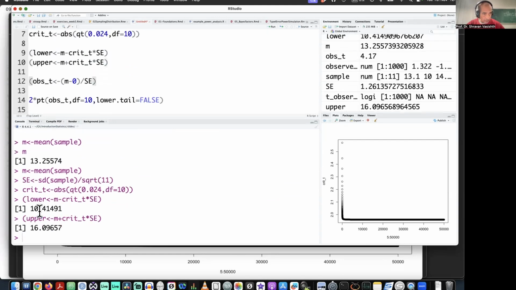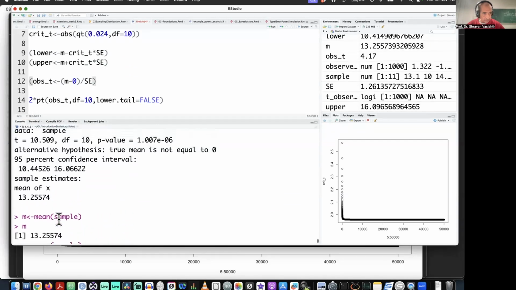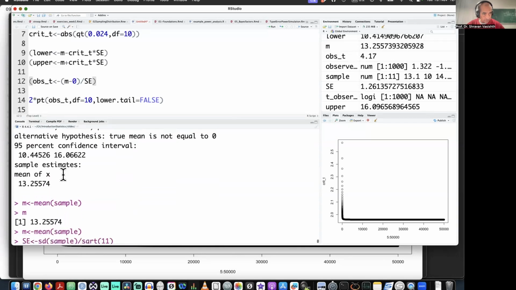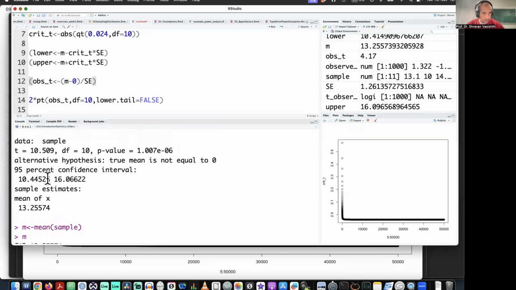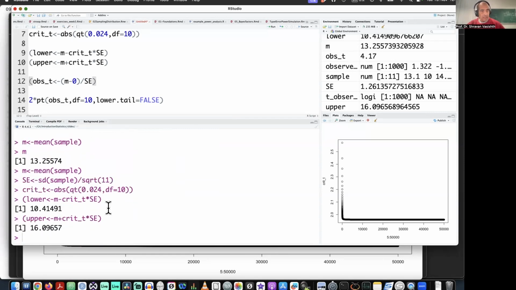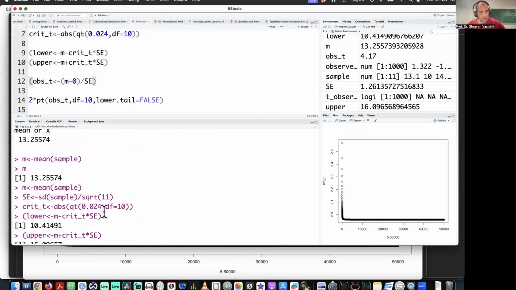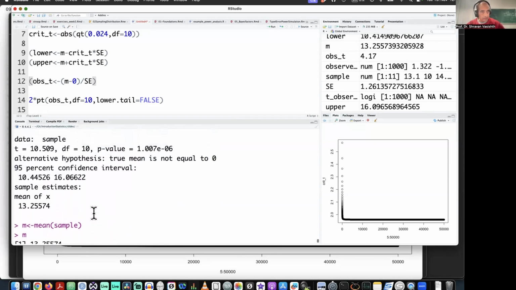The lower and upper bounds are 10.41 and 16 point something. There we go, 10.4... there are some rounding errors here, okay, but it's roughly the same. 10.44 and 16.06. So when the computer is computing all these things internally, because of rounding errors, you can end up with decimal points that are slightly different. But these are all in the same ballpark, okay?